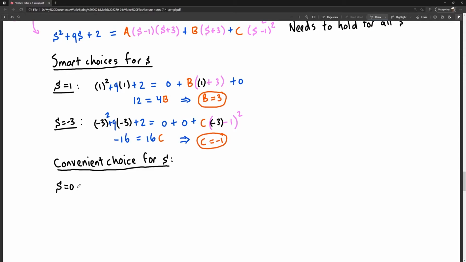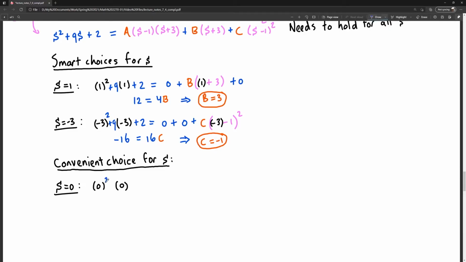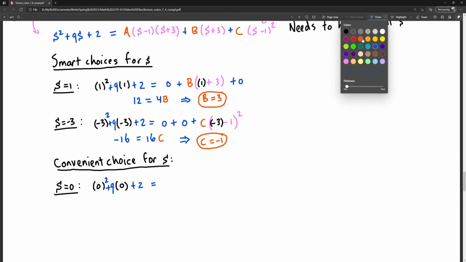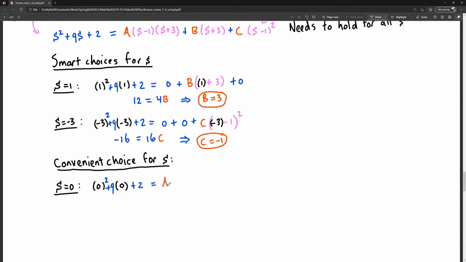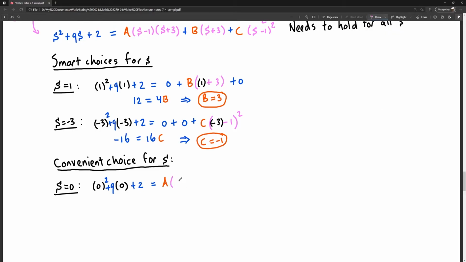So if we plug in S equals 0, then we get 0 squared plus 9 times 0 plus 2 equals, and now we plug in 0 here. So that is A times 0 minus 1, and then 0 plus 3.